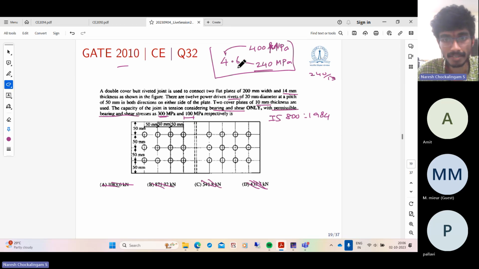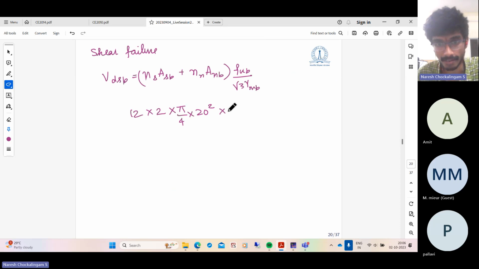Forget about the permissible stresses. Let us take the ultimate tensile strength of the material to be 400. So in this case, it is 400 divided by root 3, and gamma MB is 1.25.